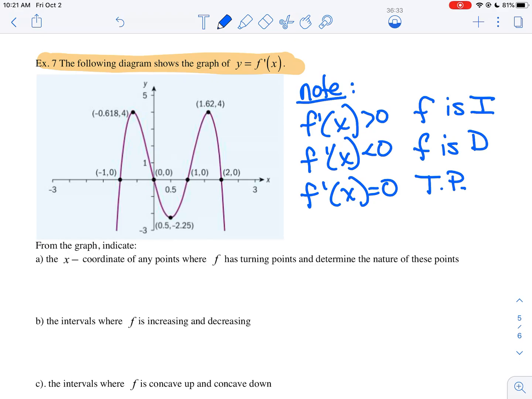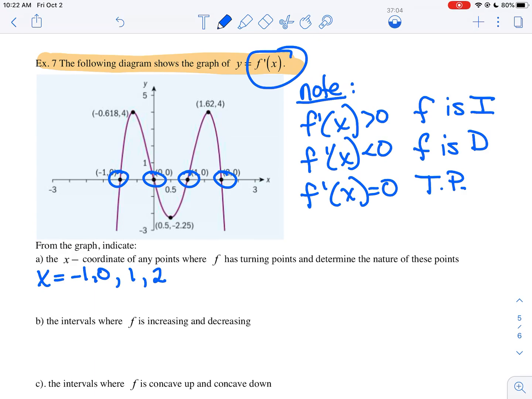So this is the graph of the derivative, f prime. It says, from the graph, indicate the x-coordinate of any points where f has turning points. A turning point is where the derivative is 0. So that happens here, here, here, and here. So the x-coordinates are -1, 0, 1, and 2.